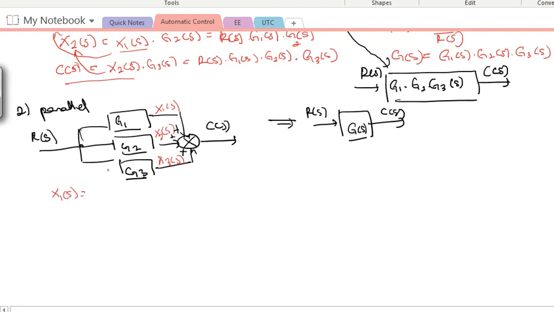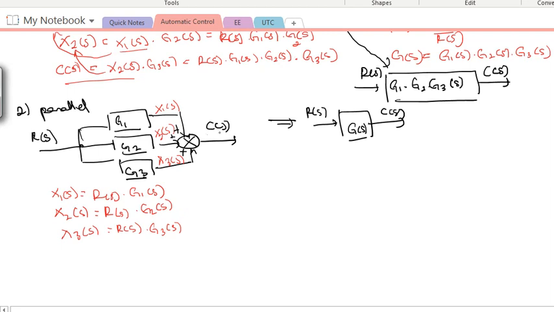Okay, X1S, one by one. What is X1S equal to? X1S is RS multiplied by G1. X2S, what is it equal to? The same way, it's RS multiplied by G2S. And X3 is RS multiplied by G3S, right?